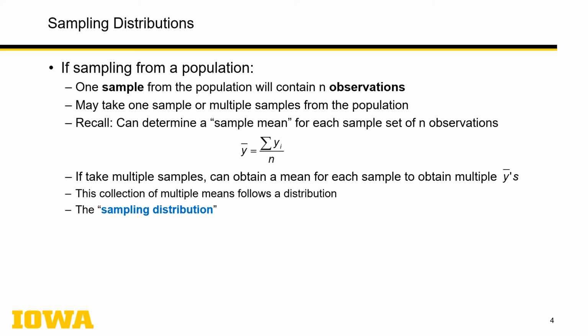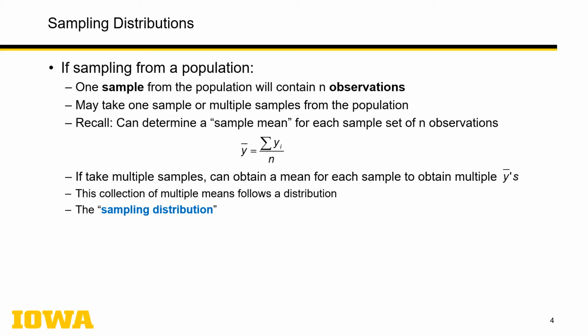If that's the case, then it would be highly unlikely that any one mean is exactly the same as another mean. Therefore, they will have a distribution as well. And this distribution is given the name of the sampling distribution. So that "sampling" is important.